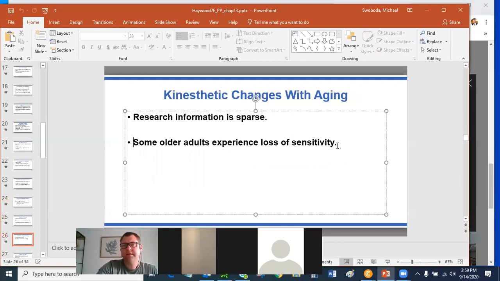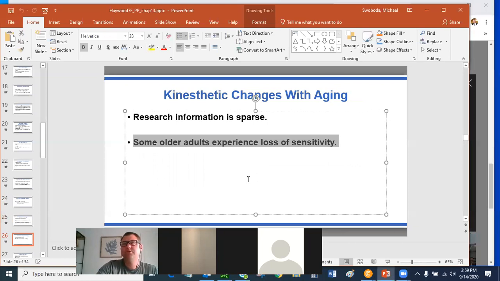Loss of sensitivity with aging is usually not something that happens by itself. As you age, your body's going to break down. Your eyesight's going to get worse. Your hearing is going to get worse. Your sense of taste is going to get worse. Your touch sensitivity really shouldn't change.